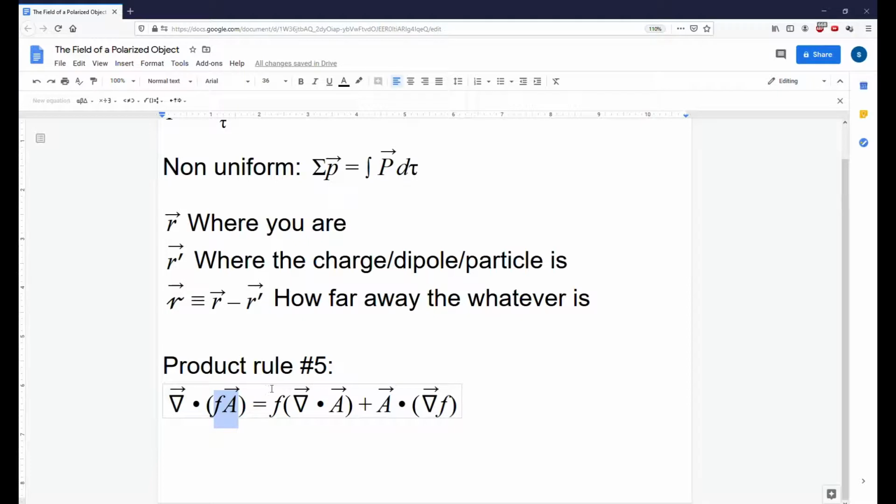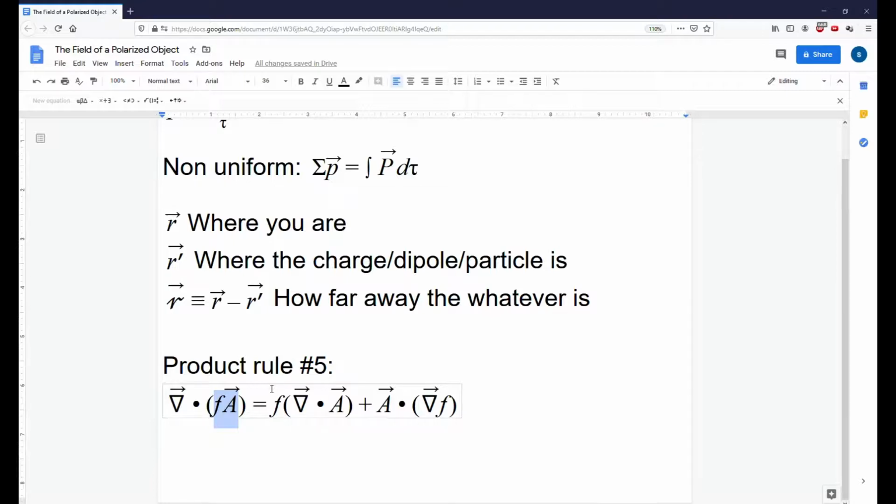And that brings us to equation 4.10. So there are two additive terms in equation 4.10. One involves an integral of 1 over r times p dot dA, and the other involves an integral of 1 over r times the divergence of p.